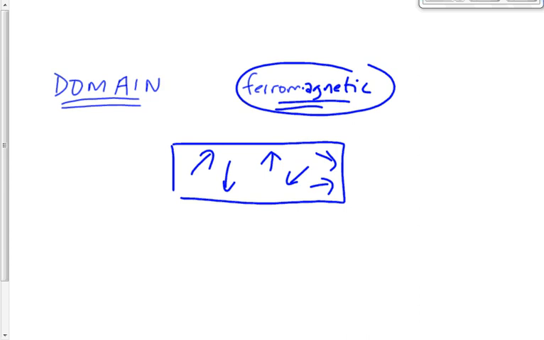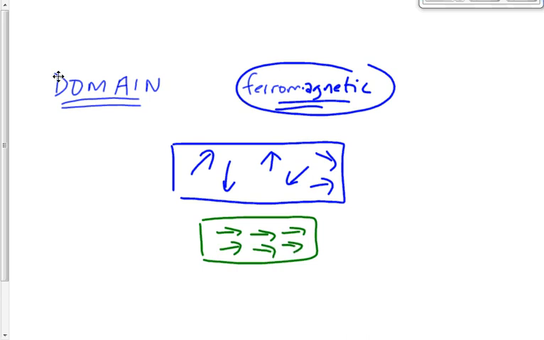What's one of the ways that we can use in order to align these domains in the same direction? Yeah, bring another magnet nearby. Bring another magnet nearby it. Even if you touch it or rub it against it, that's even better. But even if you bring it nearby, you're going to cause the domains in this non-magnetized ferromagnetic material to start aligning in the direction of the domains of this magnet that we brought nearby.